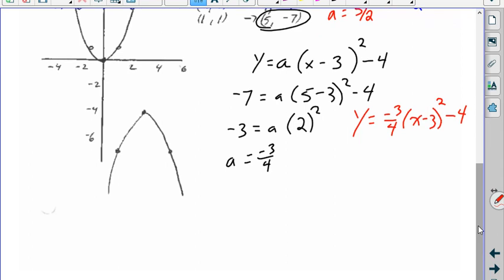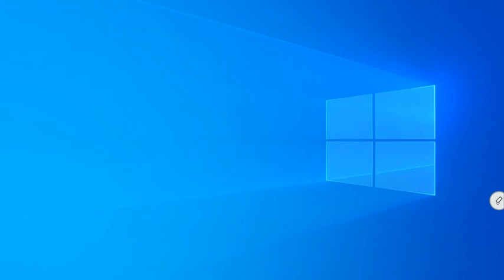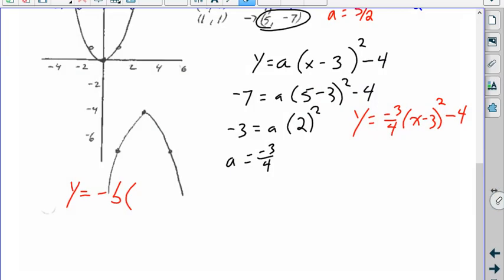Now, I cannot just apply a horizontal stretch to this because I know I have a reflection that I have to deal with. So if I wanted to find a value for b in this case, I have to put in a -1 because I know I vertically flipped it.